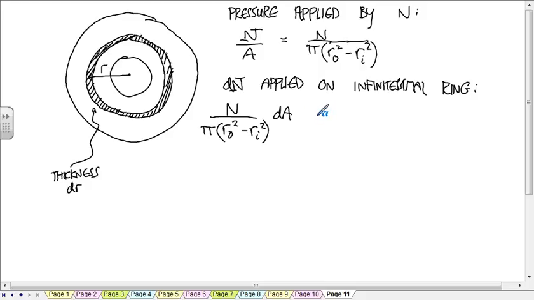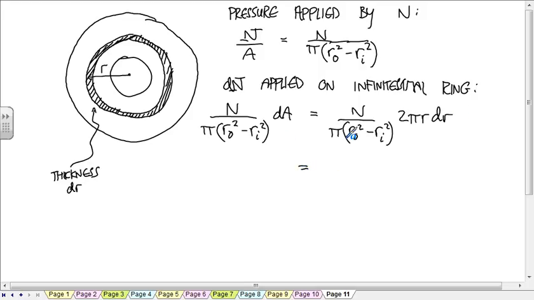Okay, so we end up with N over pi (r outer squared minus r inner squared) times 2 pi r dr. Pi's cancel, yep.